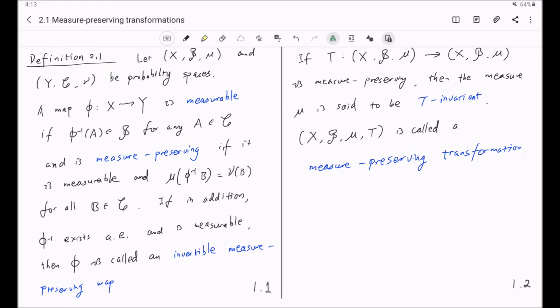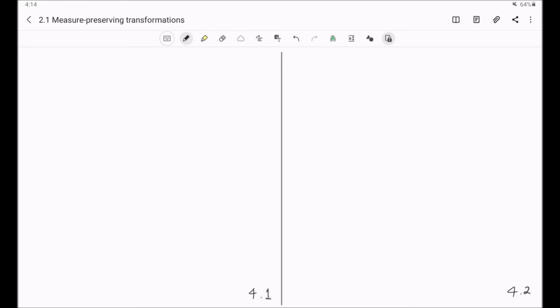And now let's talk about this. We will write this as a lemma. This is lemma 2.6 in the book. A measure mu on x is t-invariant if and only if we have the following equality of integrals.